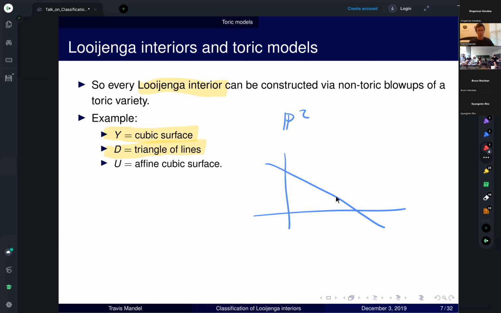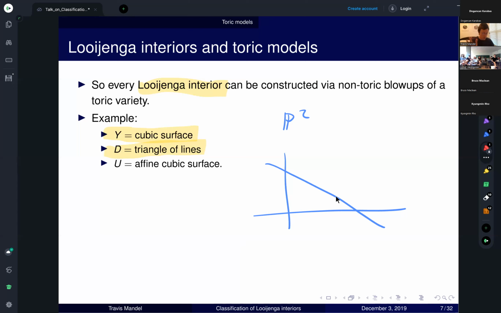You can always construct a cubic surface by blowing up 6 points in P2. So if you blow up 6 generic points in P2, you get a cubic surface. Meaning, a surface cut out by a degree 3 homogeneous polynomial in, say, the homogeneous variables x, y, and z.